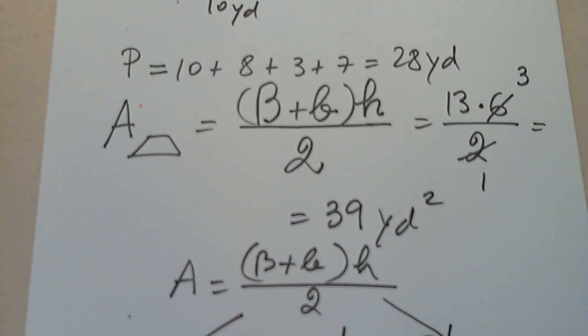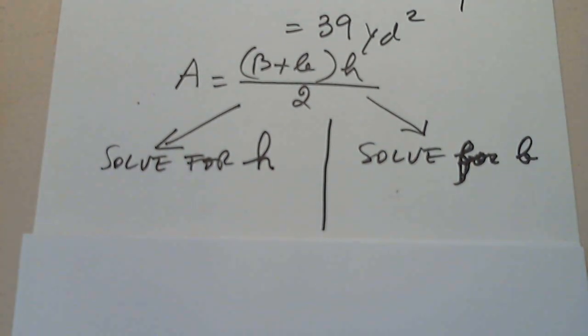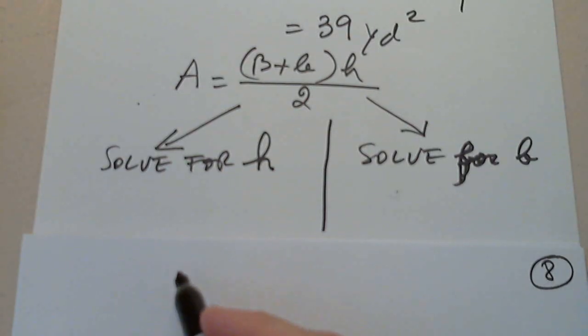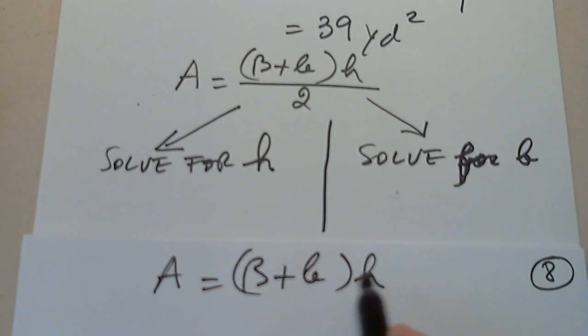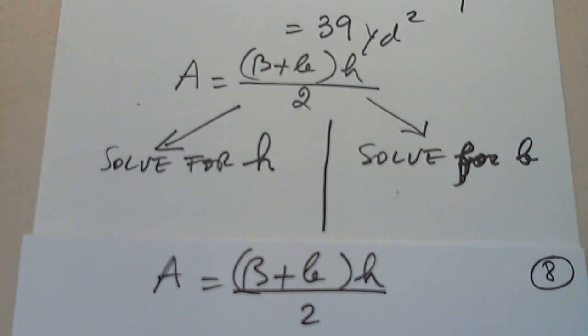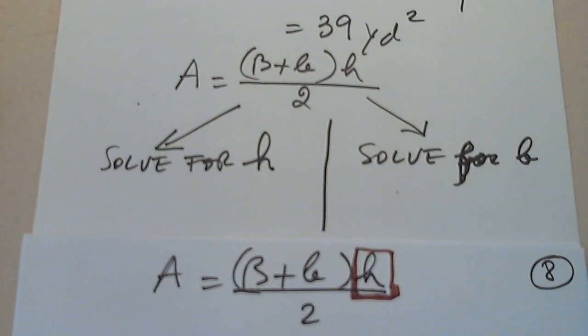Okay, so I'm going to copy the formula. This is not trivial. I hope you're paying attention. So here's the formula. And we are solving for this. This is what we are solving for. Assume that everything else is like numbers.